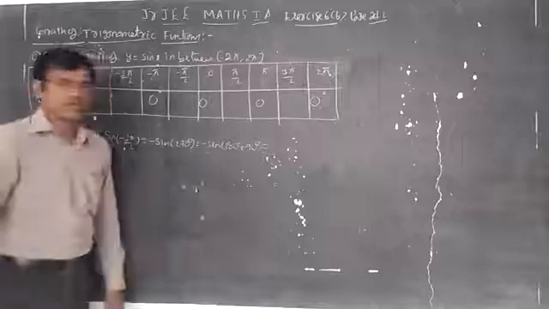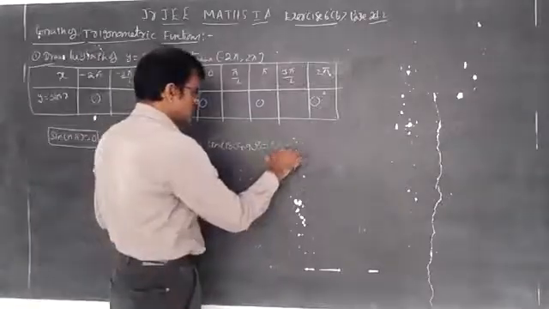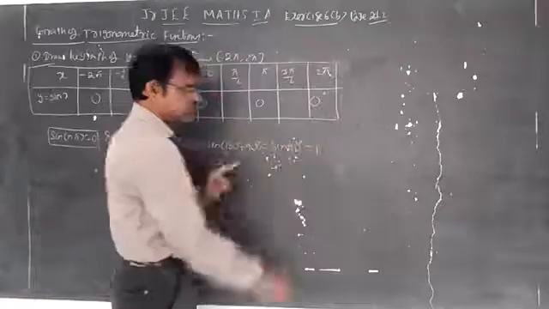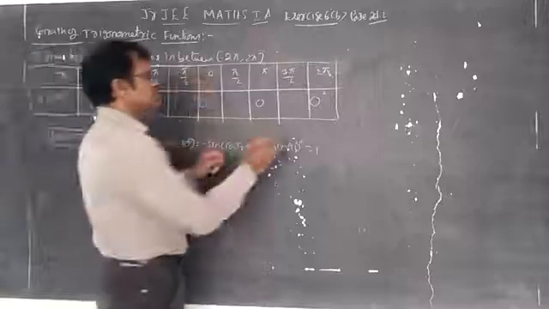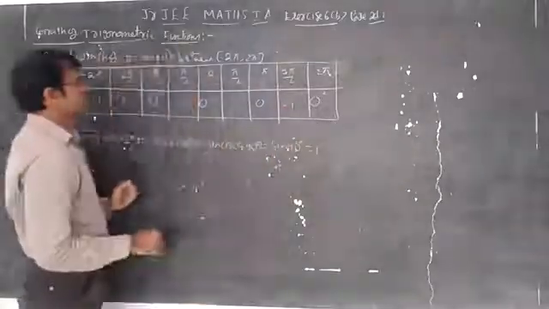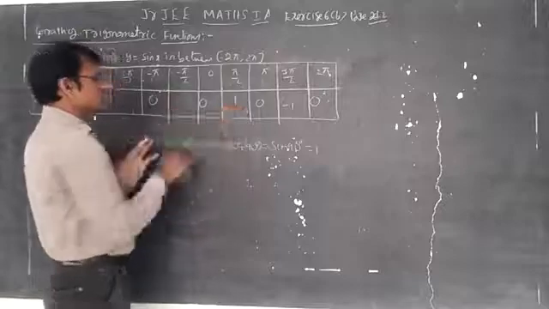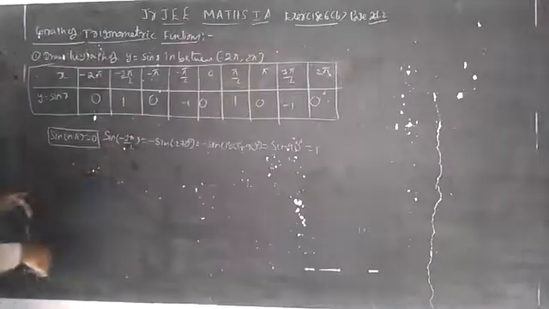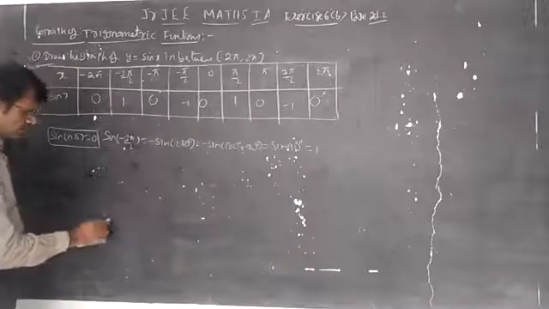Sin of 180 plus theta becomes minus sin theta, minus of minus becomes sin theta. So this is sin 90, the value is 1. Put here 1. So the opposite becomes minus 1. Sin 90 value is 1, sin of minus theta is minus 1. That's all. So like that, it depends upon all these, and this is the graph.